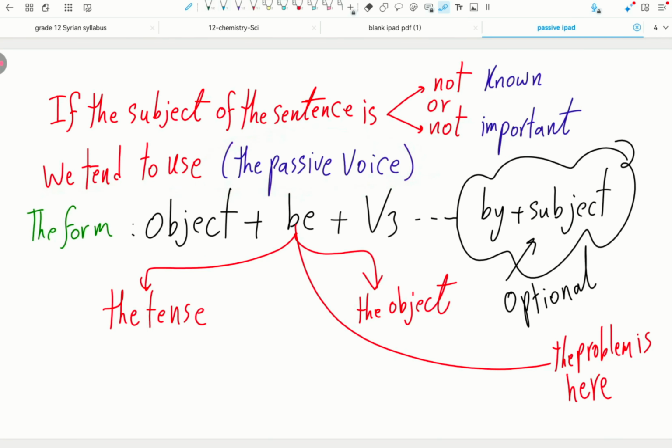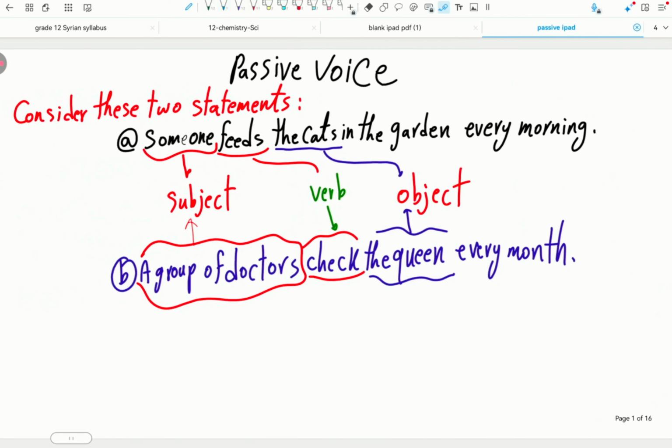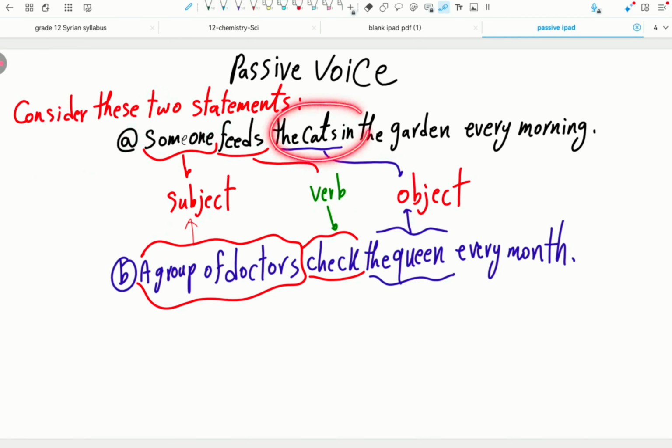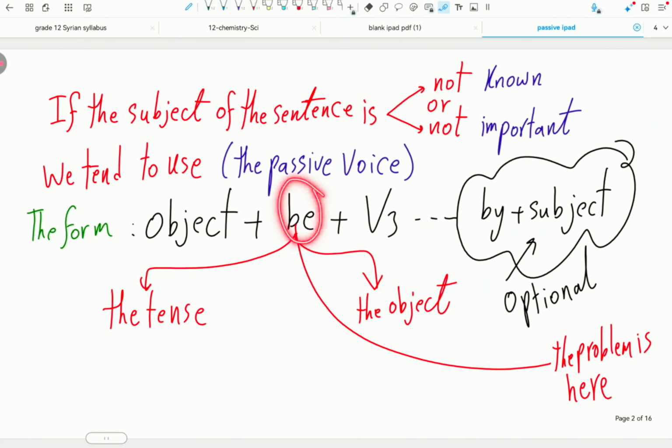And we talked about the form or the structure of the passive voice. In this case my friends, generally in the active sentence or normal English sentence, we start with the subject, the verb, then the object. But in the passive voice, we bring the object to the beginning of the sentence, and then after that we use verb to be.